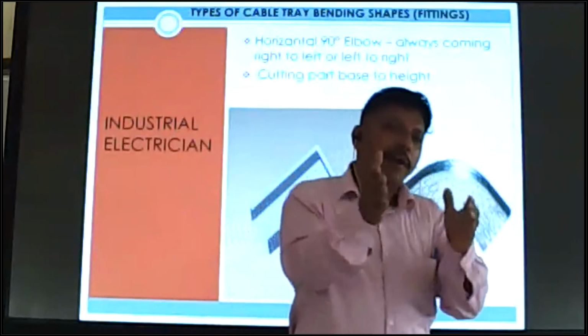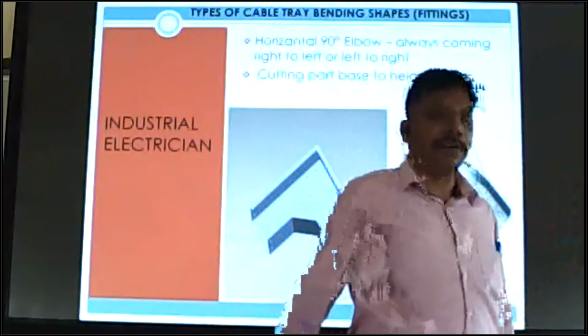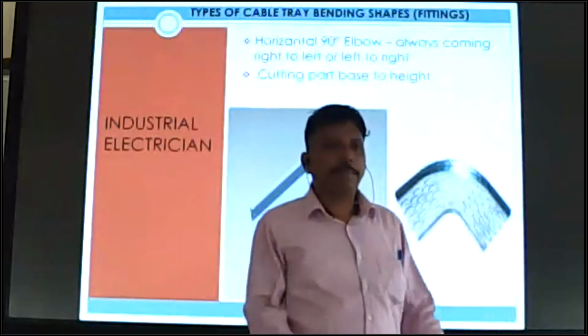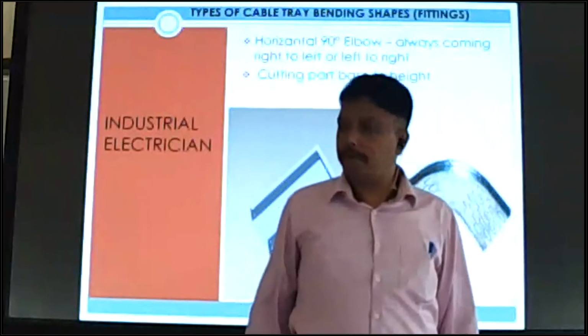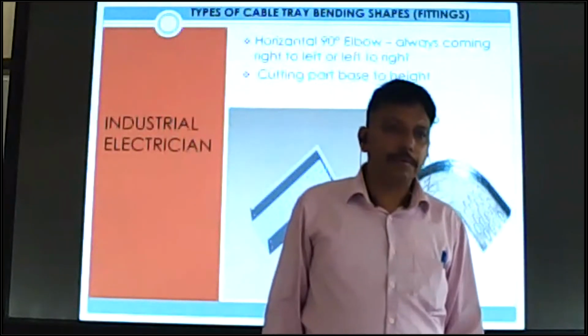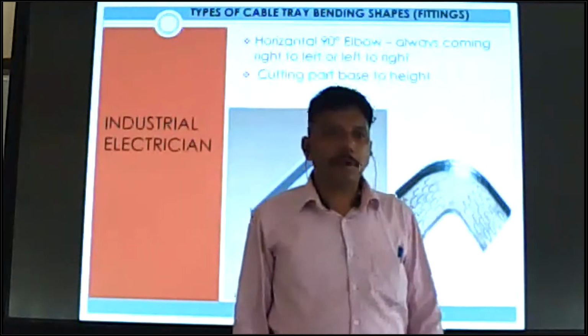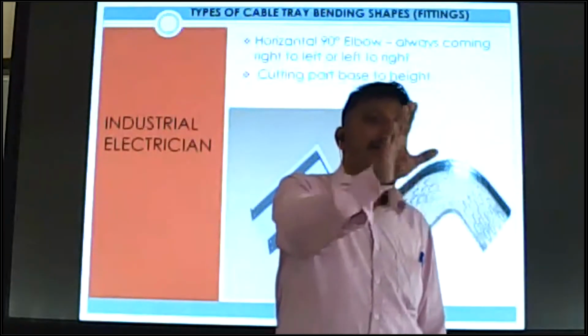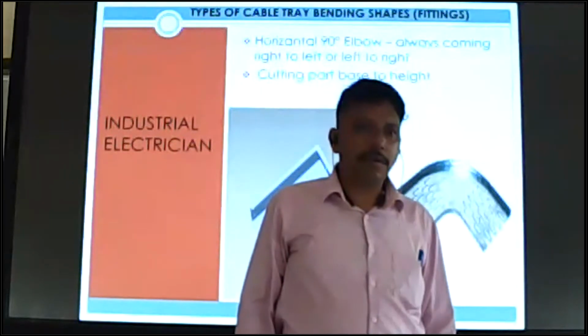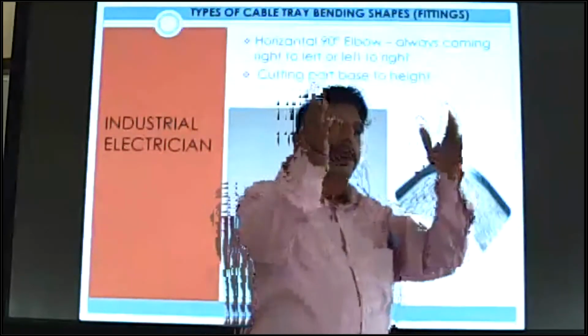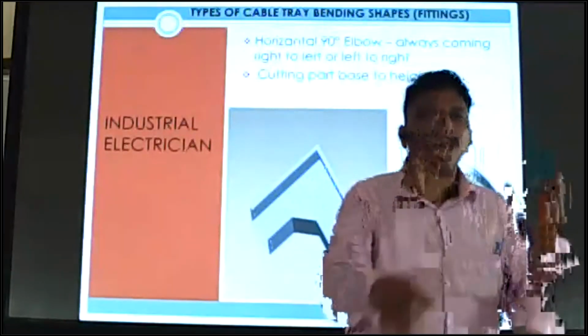And equal T and reducer T. Bridge type bend. Four-way, equal and reducer four-way. Side reducer and center reducer. We have 10 types of bends.